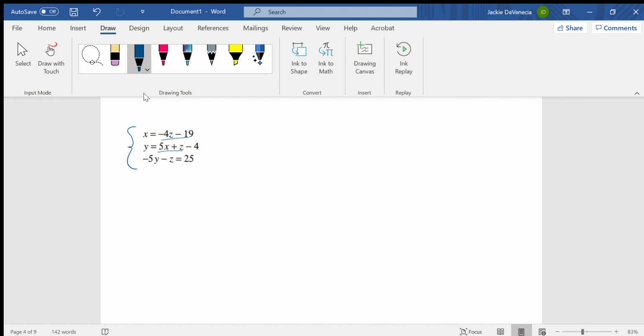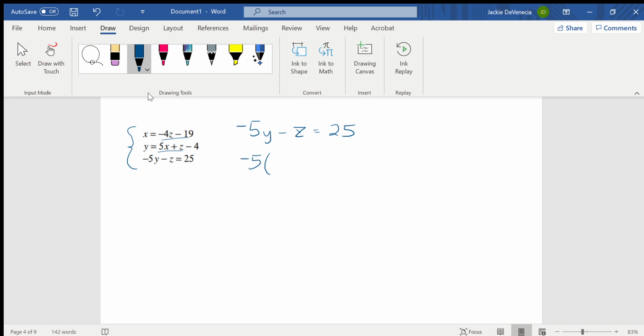All right, so let's say, for example, I want to take negative 5y minus z is equal to 25, right? Wherever I see a y, I'm just going to plug in 5x plus z minus 4.